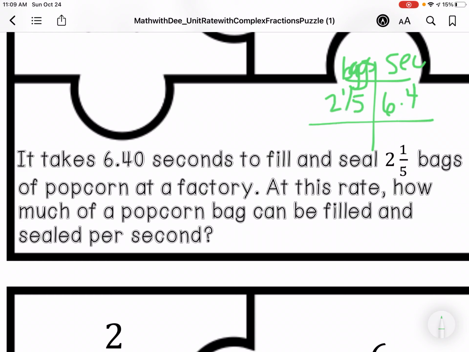They want to know how much popcorn can be filled per second, so in 1 second. So I'm dividing by 6.4. So in my calculator, I'm doing 2.2 divided by 6.4.